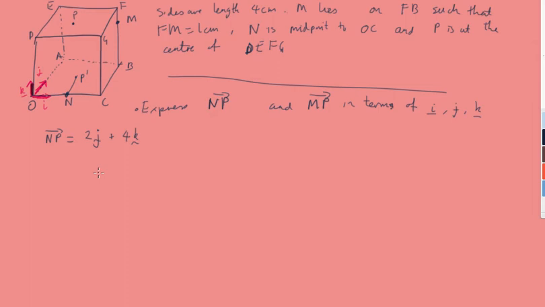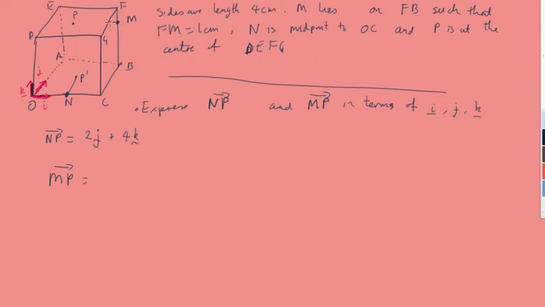Similar logic to point M. So this time we're looking now for MP. This time we're going along the back wall of our cube. I might actually use a different colour. Let's use green.